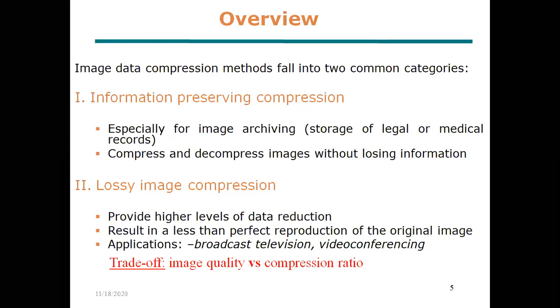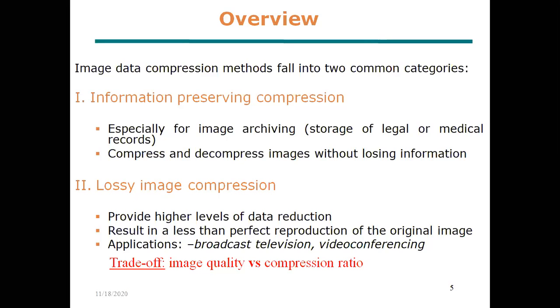While decompressing the image, the data which was lost while compressing is not added back to the decompressed image. That's why there is a difference between the decompressed image and the original image. Both are not equal. But in some applications, some tolerance is allowed. That means higher compression ratios are allowed. In those cases, we will use lossy image compression.